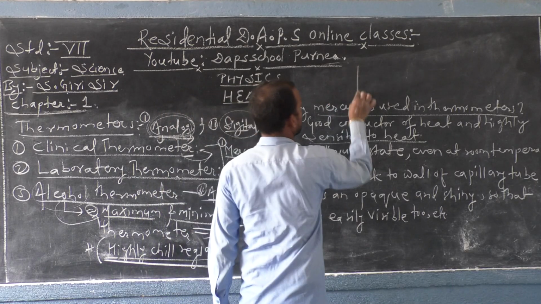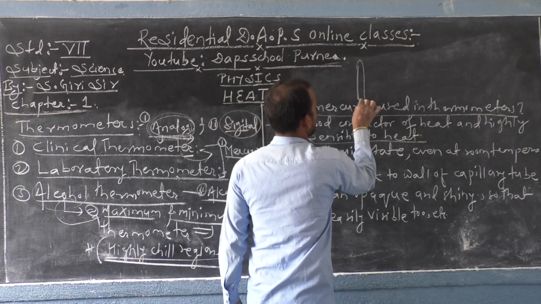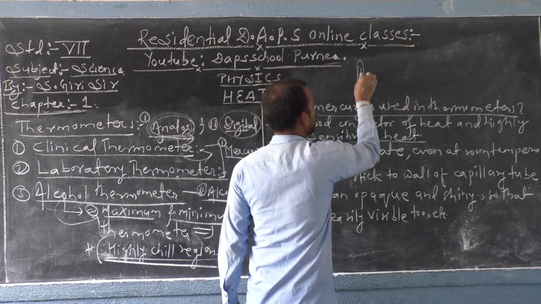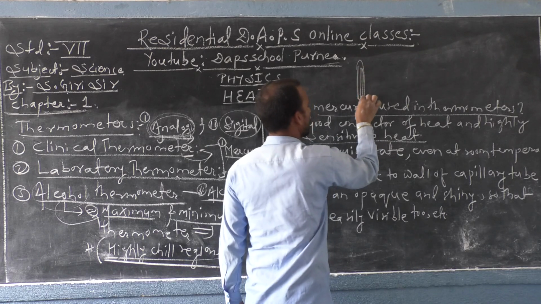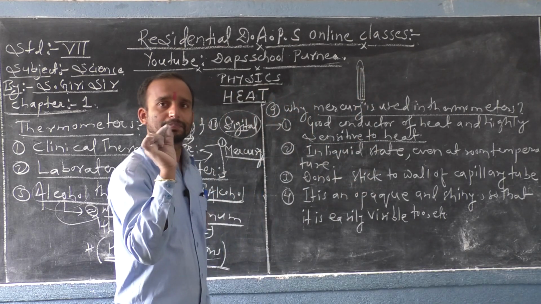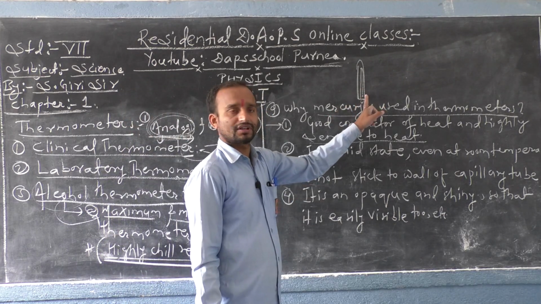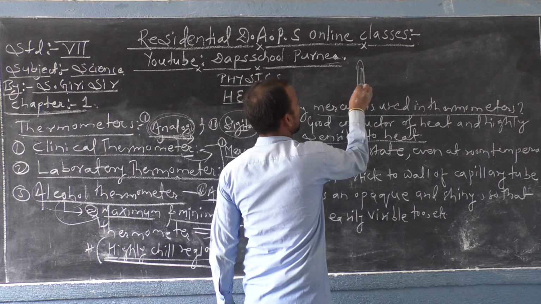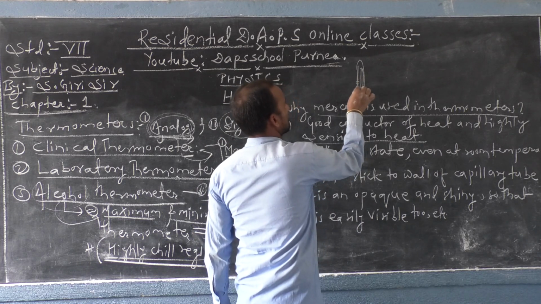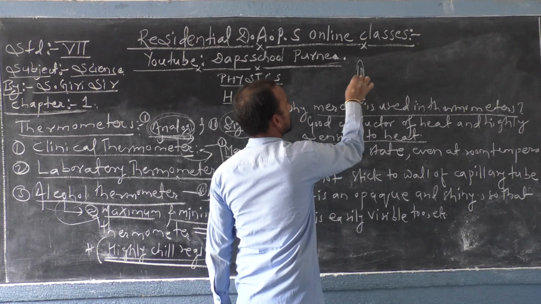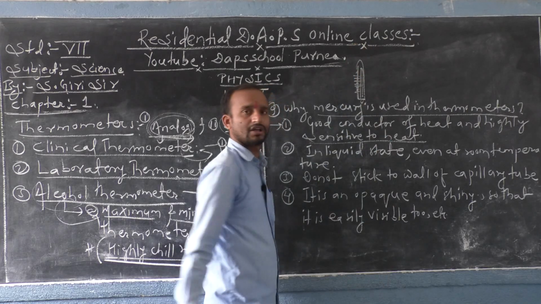What is the meaning of capillary tube? When you have seen the thermometer, you might have seen one very thin, pipe-like tube present inside, and outside are the measuring scales, 35 degrees Celsius, 42 degrees Celsius, and so on.